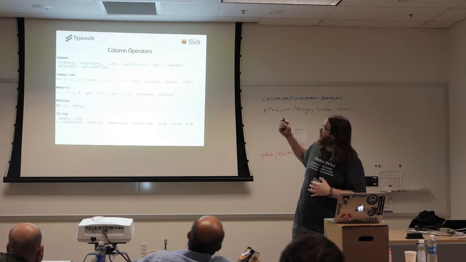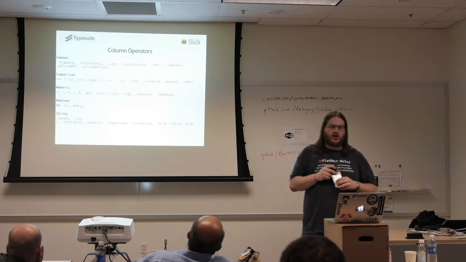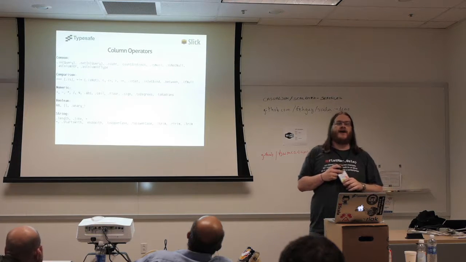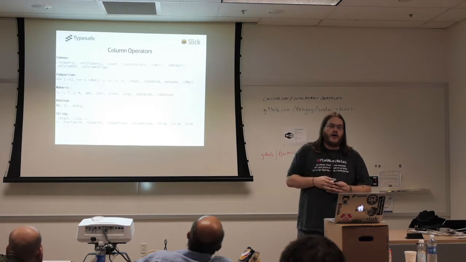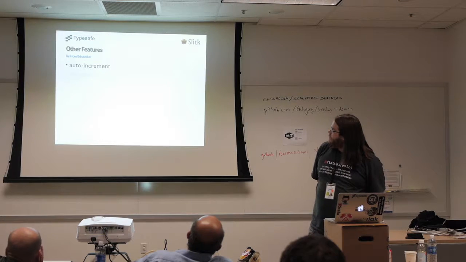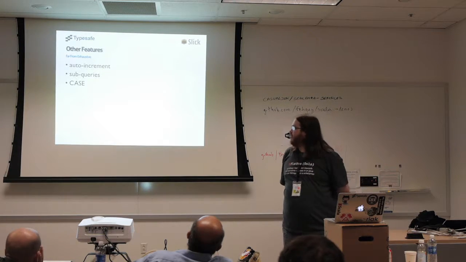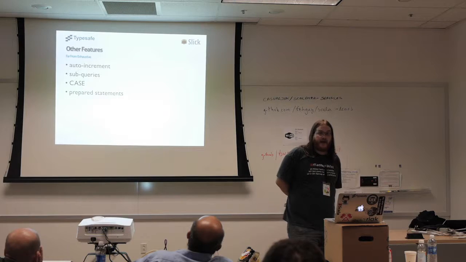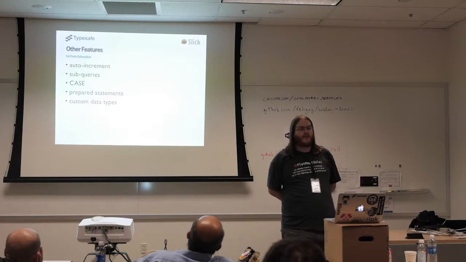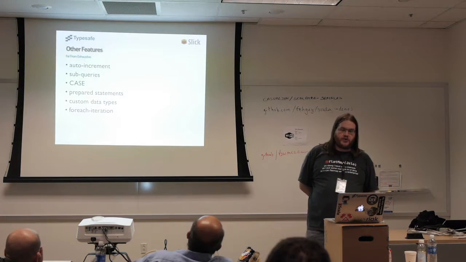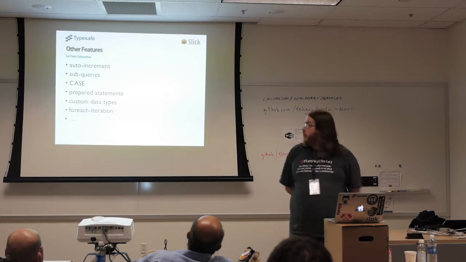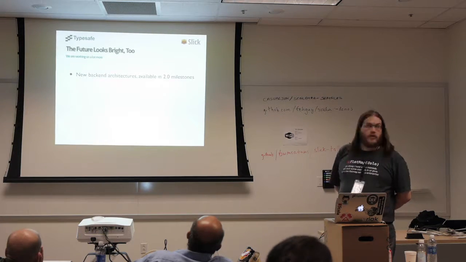And there are a number of additional column operators for doing all sorts of fun SQL-y things. A couple of other quick features. There is auto increment, there are subqueries, case statements, prepared statements, custom data types are possible, forEach iteration, which we talked about, and a lot more. Does that include cursors?